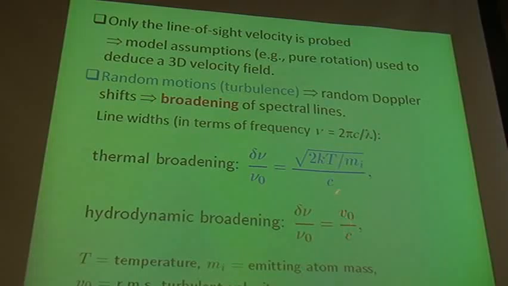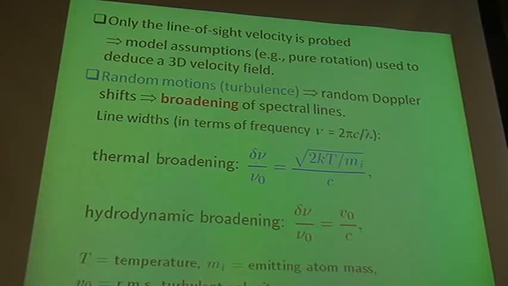Obviously, you need the turbulent velocity to be much larger than the thermal velocity, basically, for the non-thermal broadening, as it is called, due to random velocities to be observable. This means that it is useful to observe spectral lines which are produced by cold components.